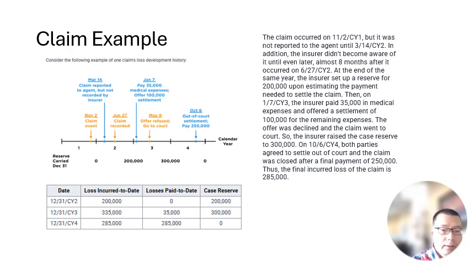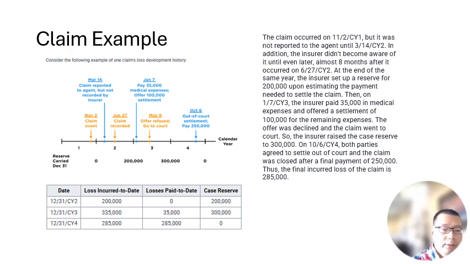Now, in the third year, the case reserve was set to 300K, and the medical payment of 35,000 was paid. So the total loss incurred to date would be 335,000.